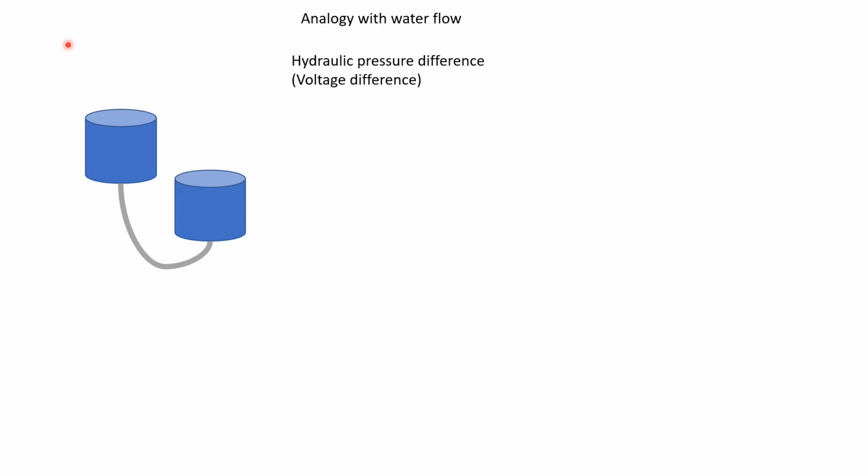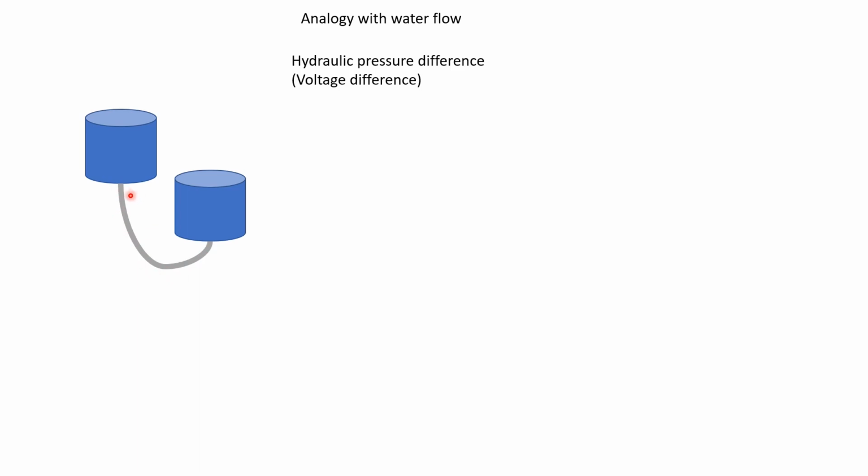For building an intuition about current flow, I sometimes find it useful to compare it to the flow of water. Let's say you have two containers that are filled with water and they are kept at different heights. This one is at a higher height and this one is at a lower height. And these two containers are connected by a tube through which water can flow.